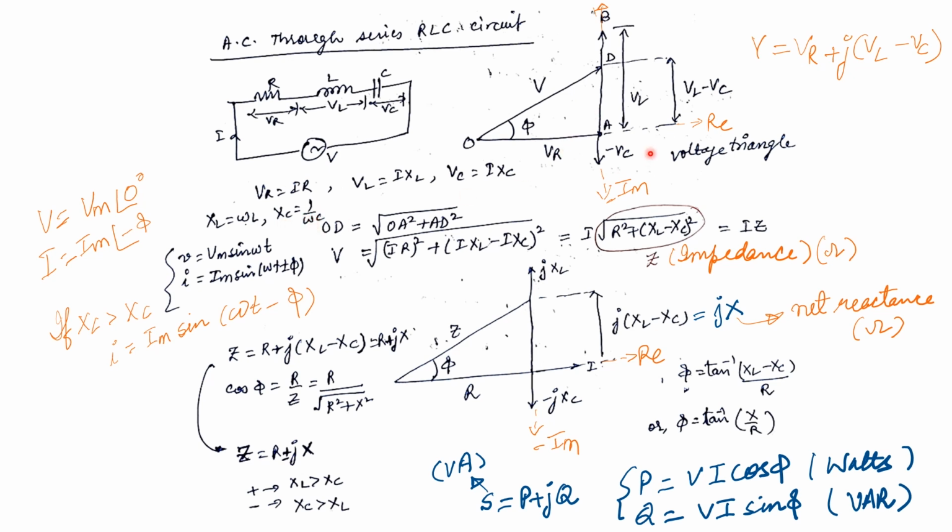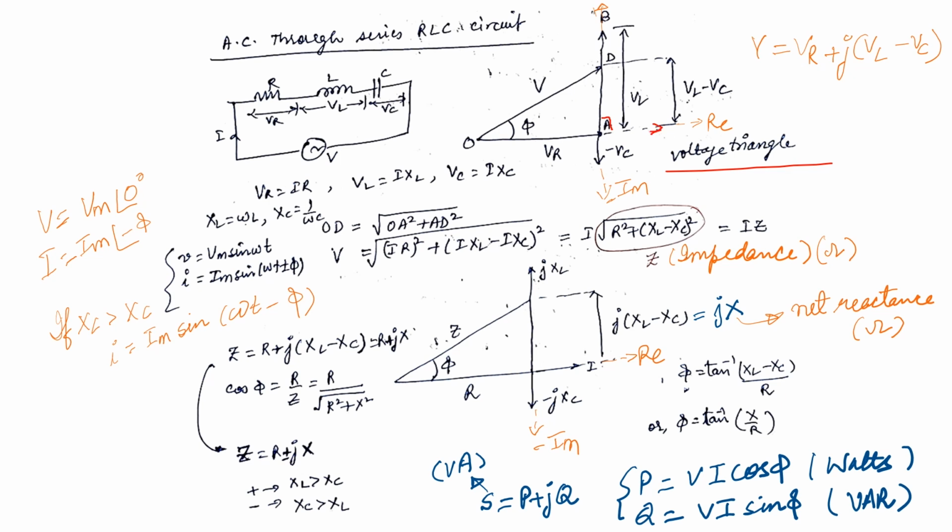Now the voltage triangle that is drawn here for this series RLC circuit will consist of all the voltage vectors. So we are drawing VR with the real axis and VL, which will be 90 degrees ahead of this. That is because it's 90 degrees ahead of the current, which will be drawn in phase with the real axis.